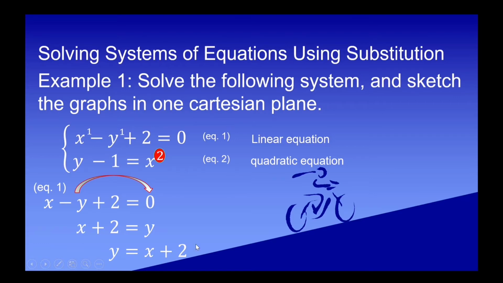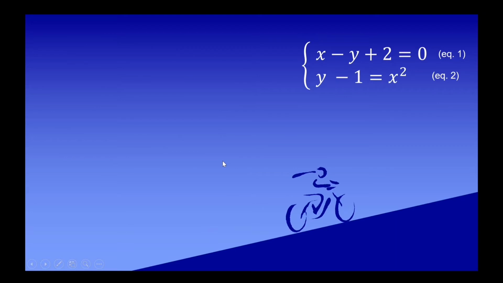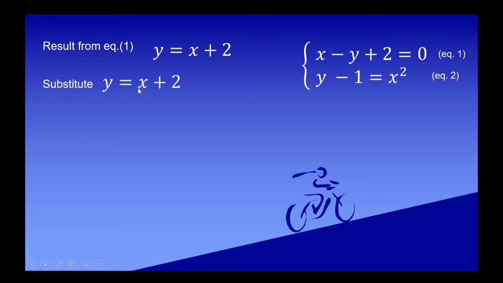Maaari na nating ma-substitute in equation number 2. After solving for y in terms of x from equation 1, that is x minus y plus 2 is equal to 0, yan ang ating value for y. y is equal to x plus 2. Then, substitute this y is equal to x plus 2 sa ating second equation, that is y minus 1 is equal to x squared.